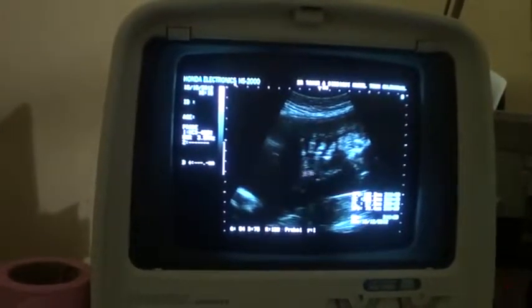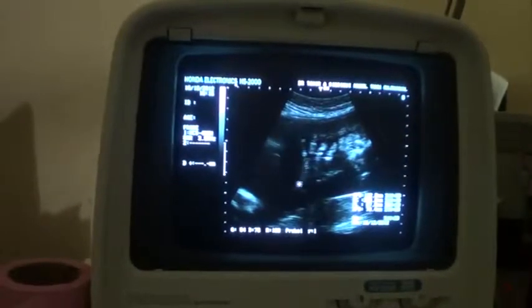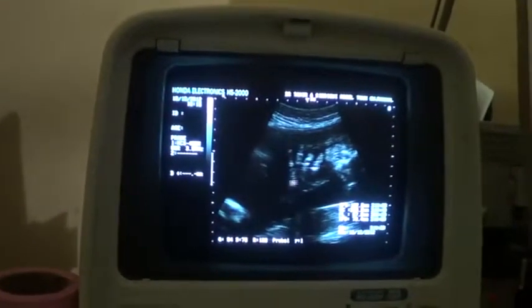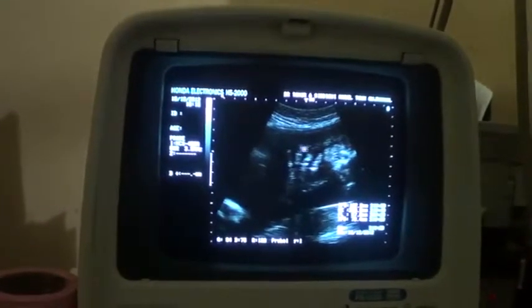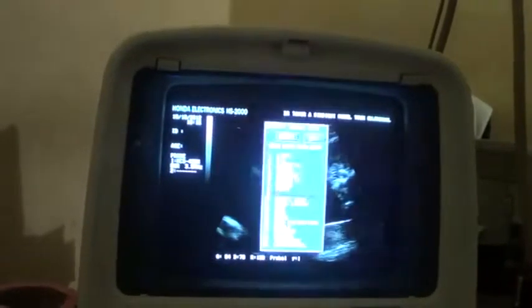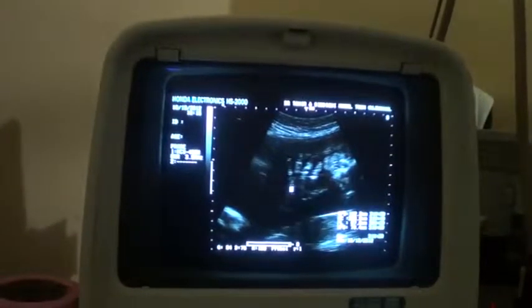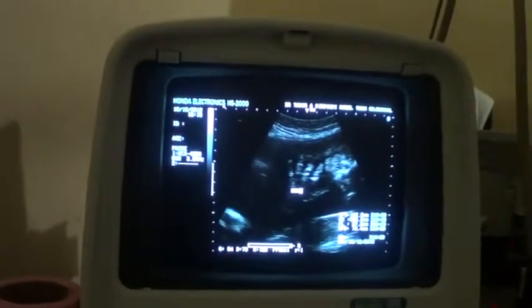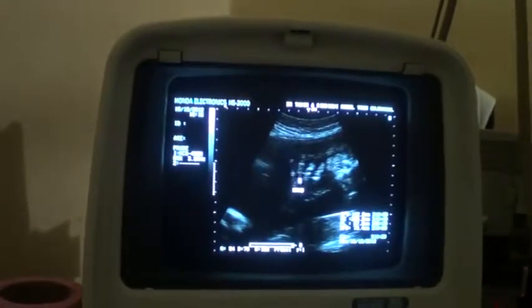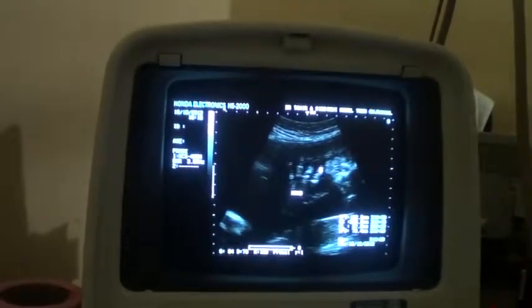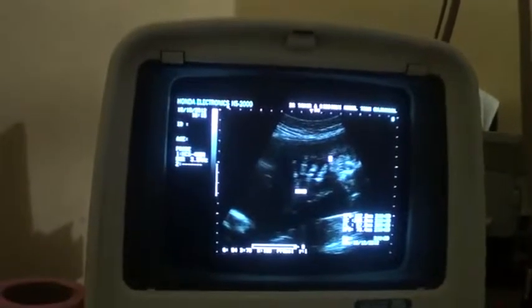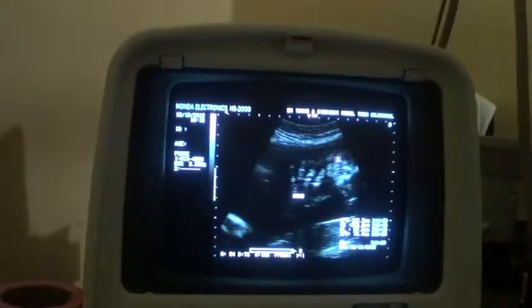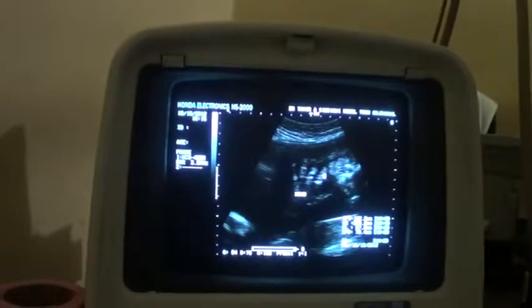This is the palm of the hand, wrist joint. So this is the hand of the fetus. And these are the fingers. This is the mouth of the fetus, mandible.